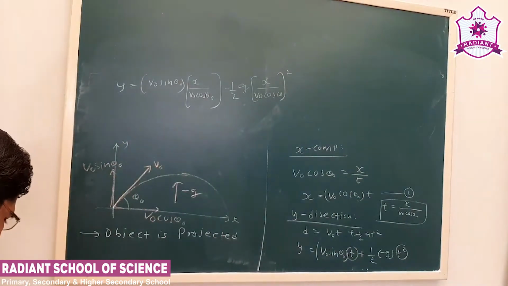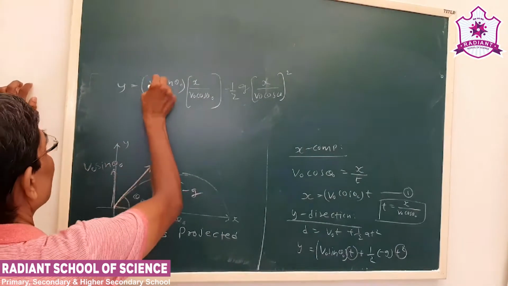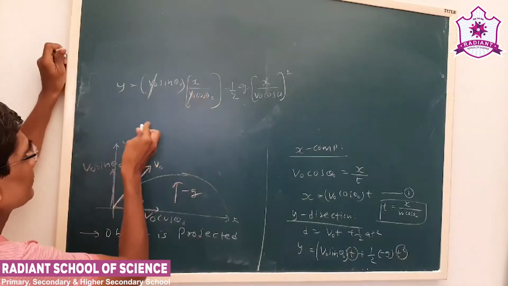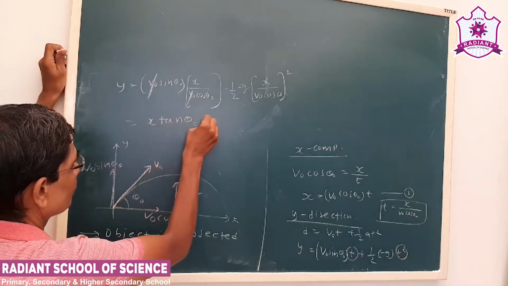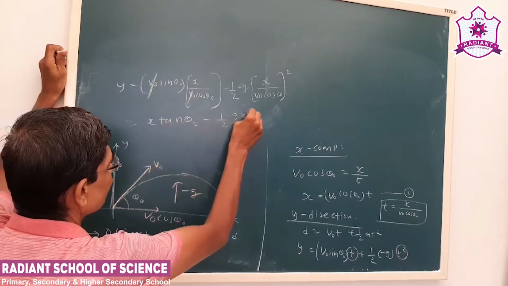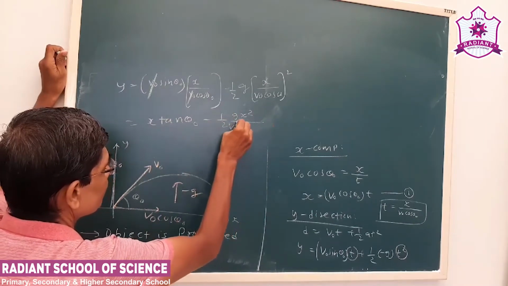Now when we simplify, v0 will be cancelled, sine upon cos is tan, so y is x tan theta0 minus 1 by 2 g x square upon v0 square.